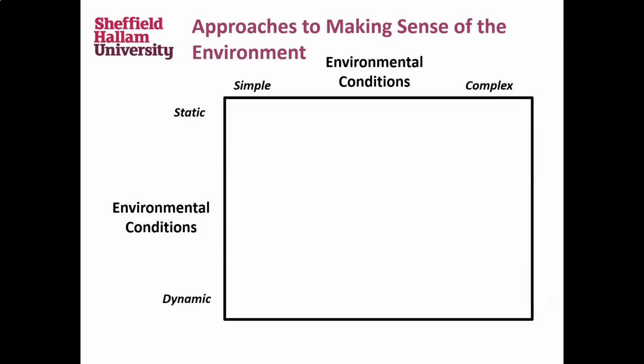So here I've got a chart which has two axes. The first axis, about environmental conditions, goes from simple environmental conditions to complex.